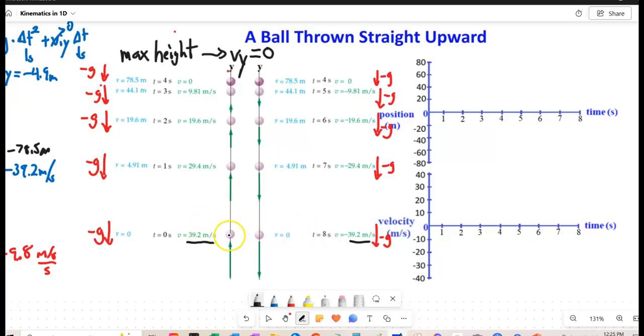It's got a positive velocity, positive 39.2 meters per second up. It's got a negative 39.2 meters per second down. Okay? And so what you could also say is if it started out at 0 seconds and it landed back in your hand at 8 seconds, it had to reach its maximum height in that half time of flight, which is 4 seconds in this case.